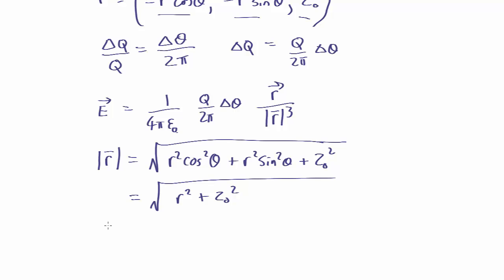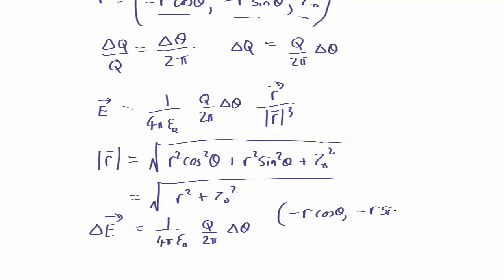So we know that our electric field from that little segment, I should probably call it a delta electric field because it's only a little bit of the total electric field, is going to be 1 over 4 pi epsilon naught, Q over 2 pi delta theta, times the vector minus r cos theta, minus r sin theta, z0, all over r squared plus z0 squared to the 3 halves.